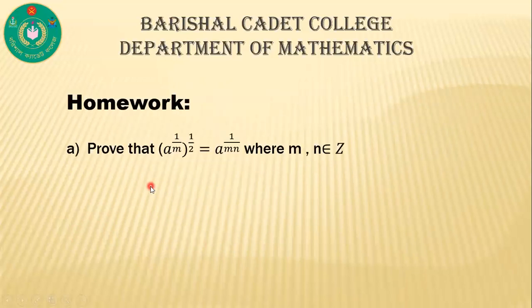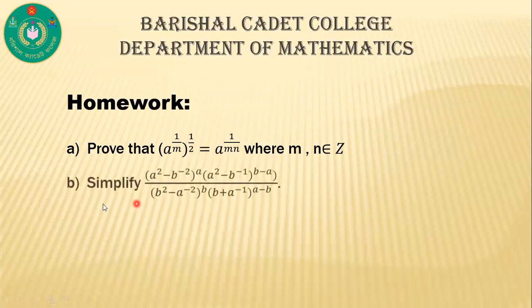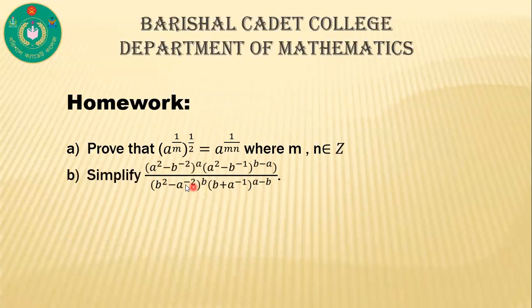Now this is your homework. Prove that a to the power 1 by m to the power 1 by n is equal to a to the power 1 by mn, where m, n belongs to Z. Simplify the given expression involving a square minus b to the power minus 2 and b square minus a to the power minus 2, which is equal to a minus b.